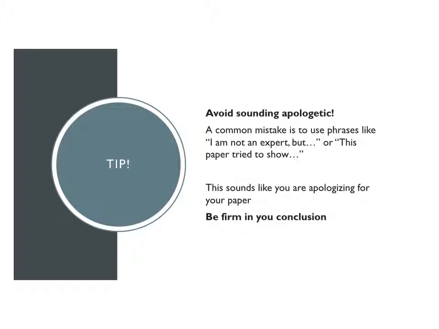These kinds of phrases can make the paper sound almost apologetic and take away some of the credibility of what you're trying to communicate. So be firm in your conclusion. Be confident in the conclusion that you have reached, and avoid using phrases like "I think," "I believe," "I tried." Be firm in that conclusion.